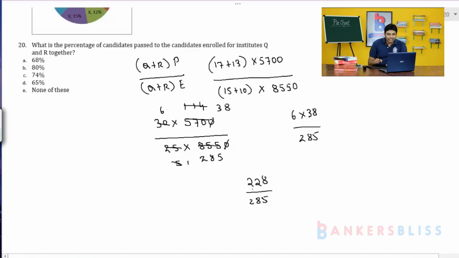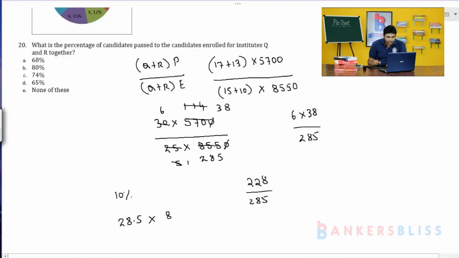Okay, you calculate 10%. So 10% means 28.5. Okay, it is very easy to calculate 80%, so I go for 80%.